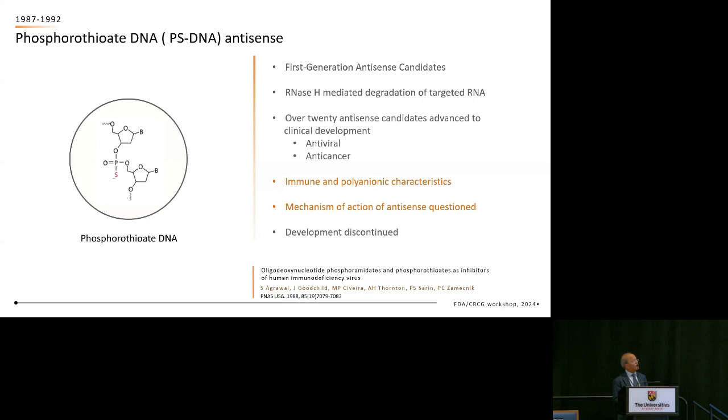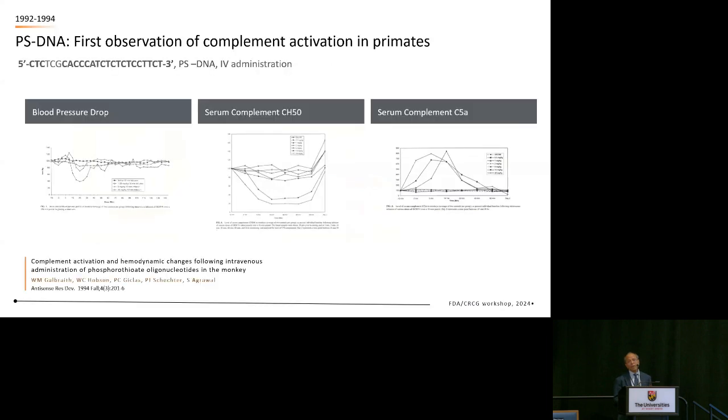So from that point of view, I'll share with you two observations. One was in '92, '93 when we were studying these compounds for the first time in primates. We had seen serious hemodynamic changes and we had lost a couple of monkeys. And the field was completely at a standstill, not knowing what was happening here.